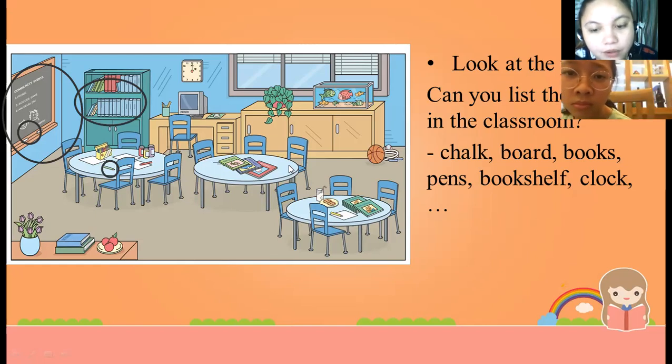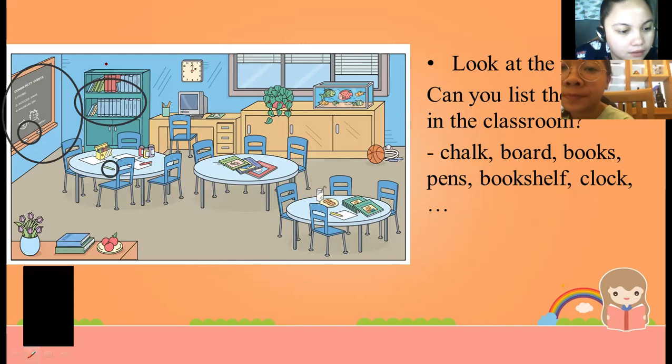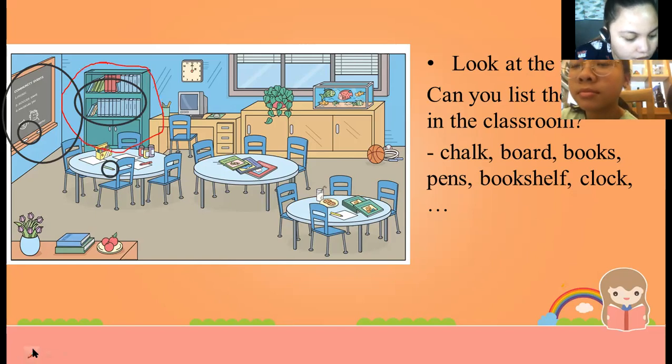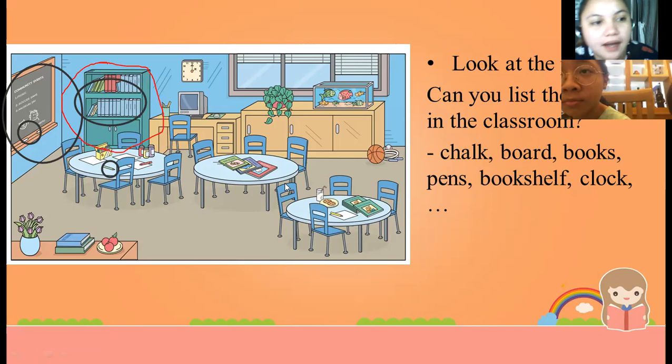A cupboard or cabinet. This one is the bookshelf. This one, you call it bookshelf, okay? Because that is where the books are being kept. Okay, and then the clock.